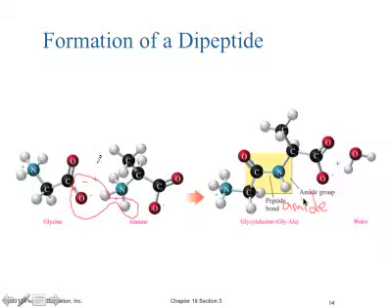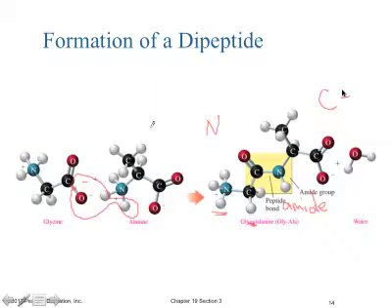This is how we name them. The one that lost the oxygen gets the -yl ending, so glycine becomes glycyl, and we leave the other one alone, the one that had the nitrogen amino group used. So the one at the nitrogen terminus gets the -yl, and the one at the carboxylate or carbon terminus keeps its full name. Here's the nitrogen end, because it ends in an amine group, and here's the carbon end.